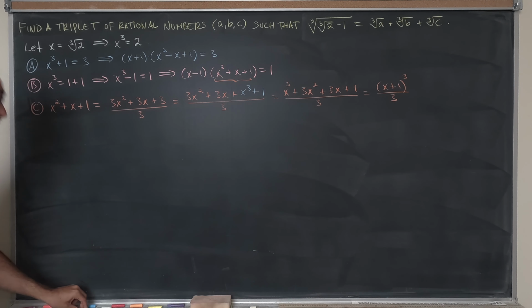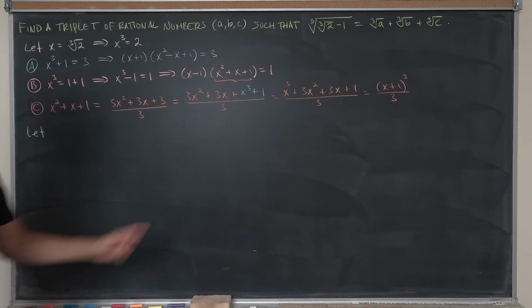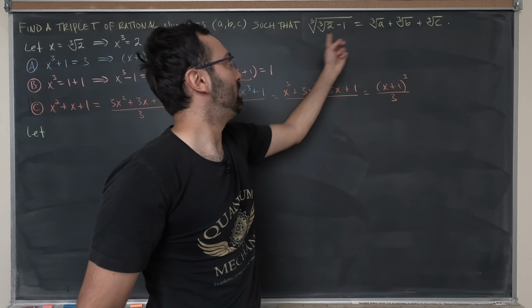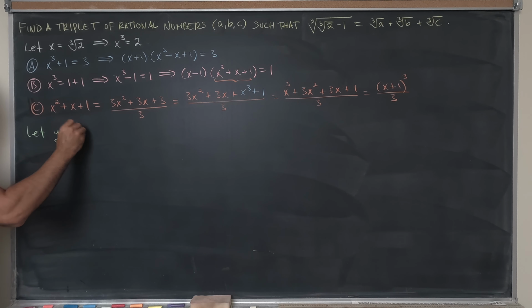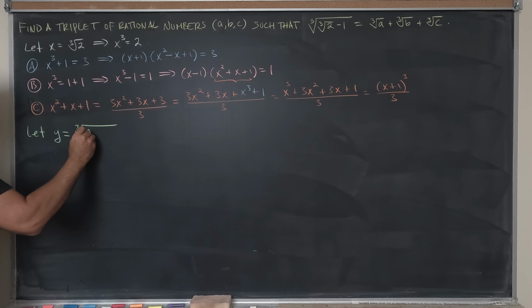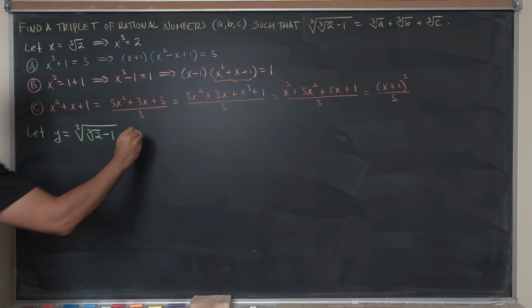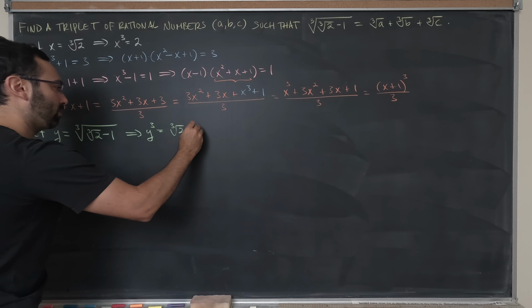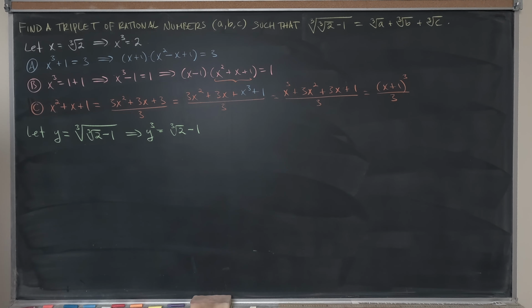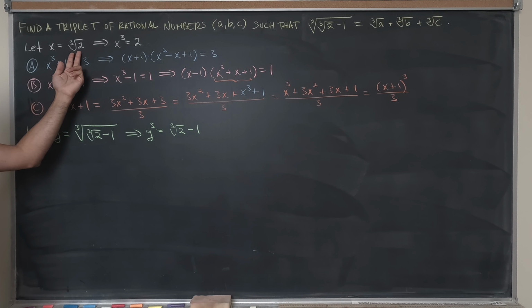And the next thing we'll do is let this entire quantity now be y. What we can do then is cube both sides. To obtain that, we recall that the cube root of 2 is just x.